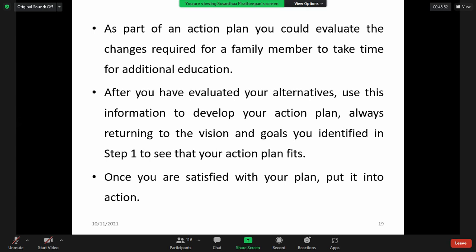After implementing the action plan, you can evaluate everything: your profit, your working time, the quality of life, and the resources and environment. Then you can use that information to make sure whether your goals or your vision are achieved with the action plan, or whether you want to redevelop the action plan according to your goals.